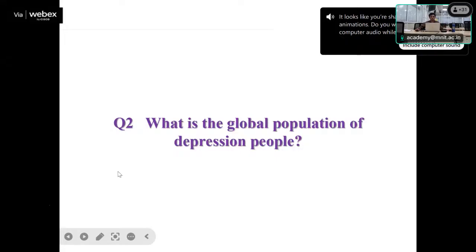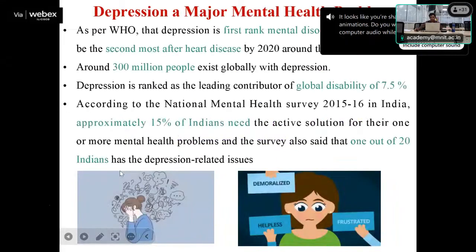What is the global population of depression? According to the WHO, around 3 million people globally are suffering from depression. And in India, 1 out of 20 is suffering from depression.